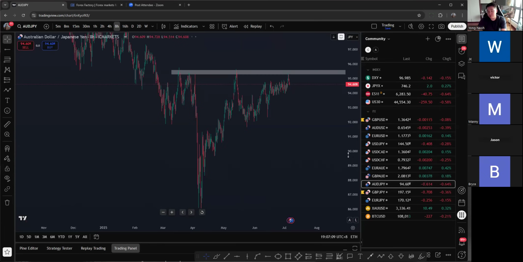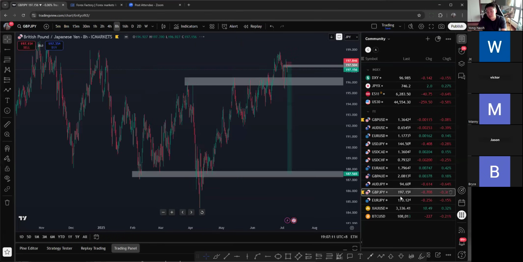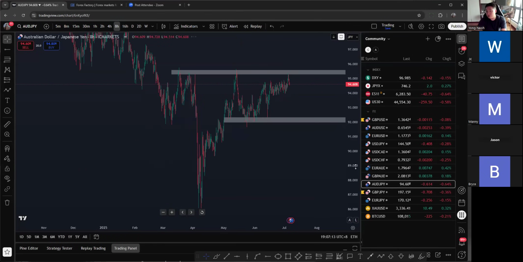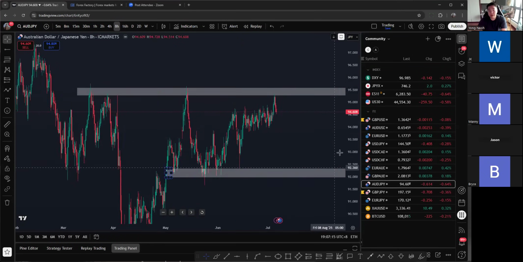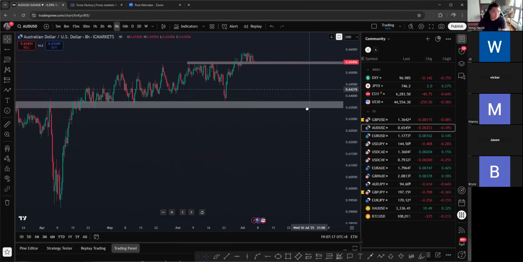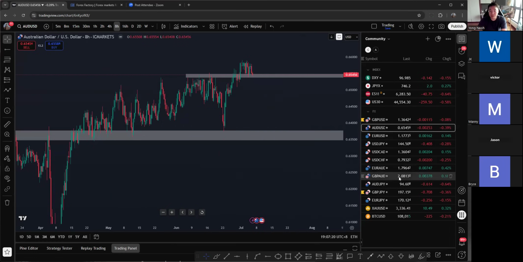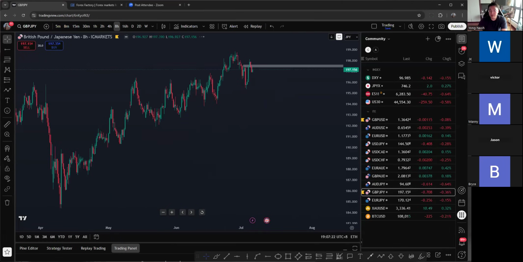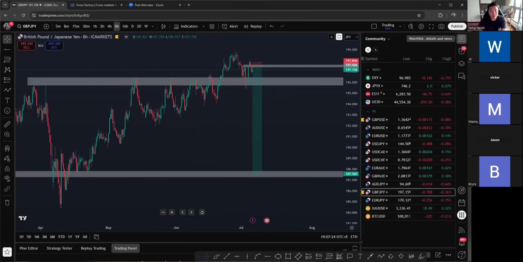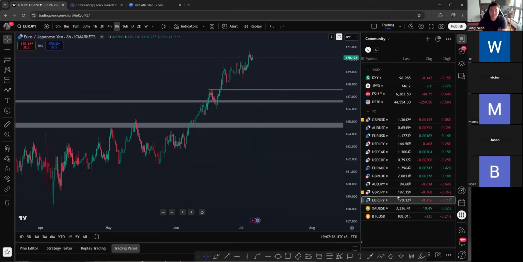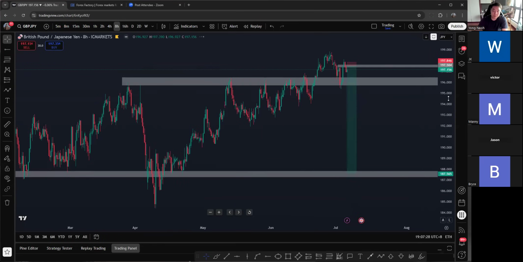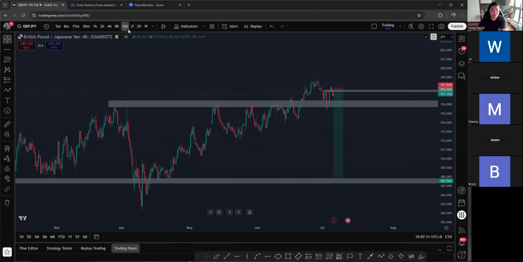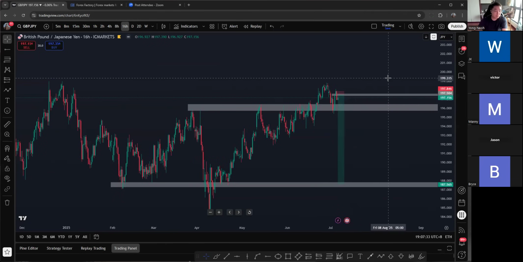GA, we're ranging, not too interested. So I'm just interested in GJ. For Aussie yen, possible, but based on the consolidation on Aussie Dollar, I also don't really like to touch Aussie yen. So Pound Yen will be my top pair of the week. Some of you may also ask, you have taken multiple short attempts on Pound Yen, why do you still short it? I still made money.